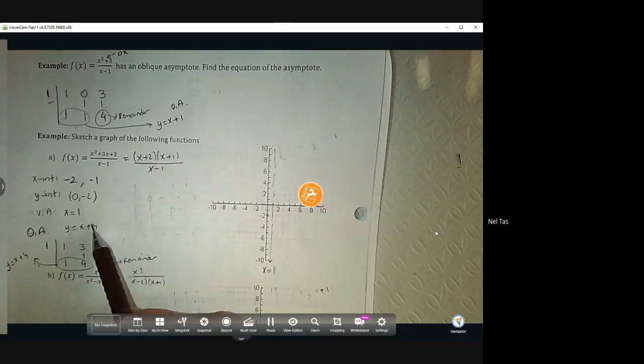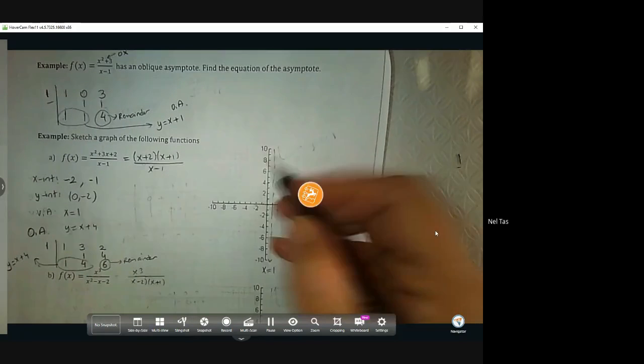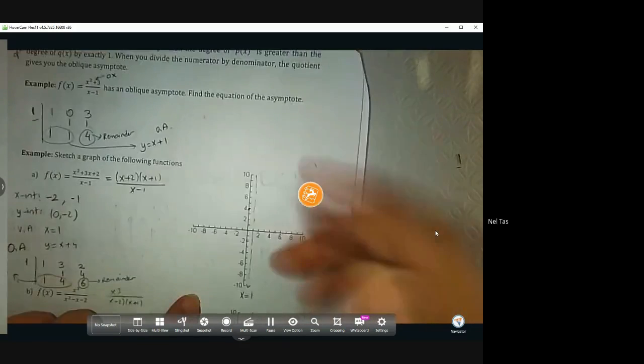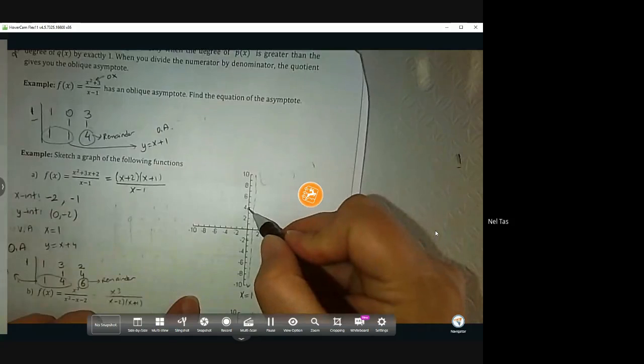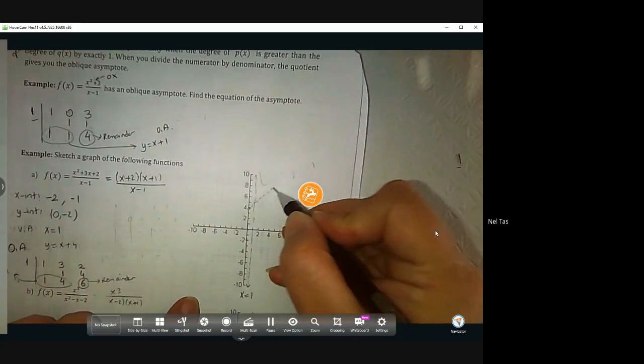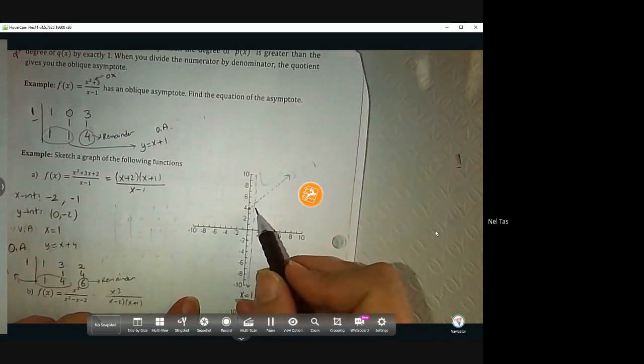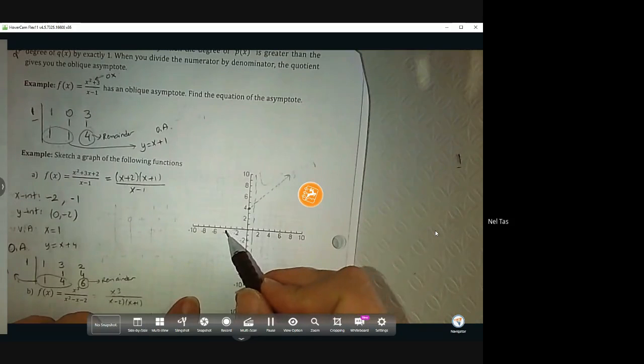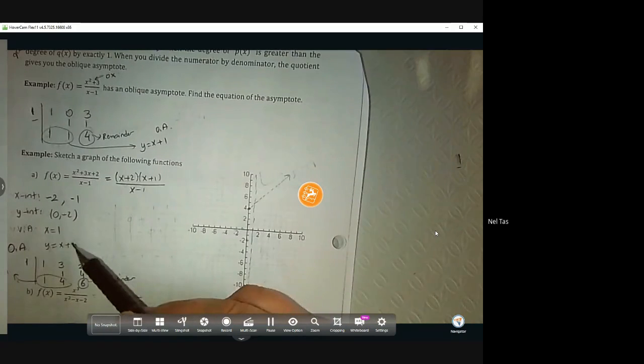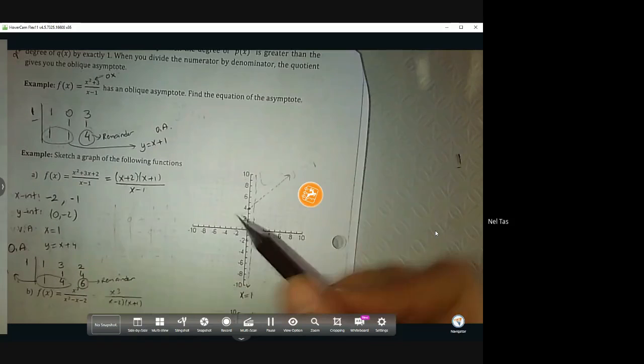The y-intercept is 4, slope is 1. Also, when you are sketching an oblique asymptote, make sure you find the x-intercepts as well, okay? The x-intercept of this line would be negative 4.